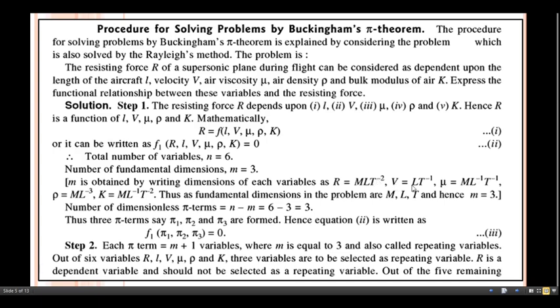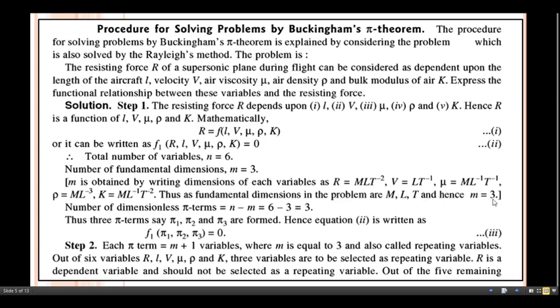Then the dimension for V is L T raised to minus 1, the dimensions of mu are M L raised to minus 1 T raised to minus 1, the dimension of rho is M L raised to minus 3, and the dimension of the bulk modulus K is M L raised to minus 1 T raised to minus 2. Thus the fundamental dimensions in the problem are M, L, T, and hence m equals 3.